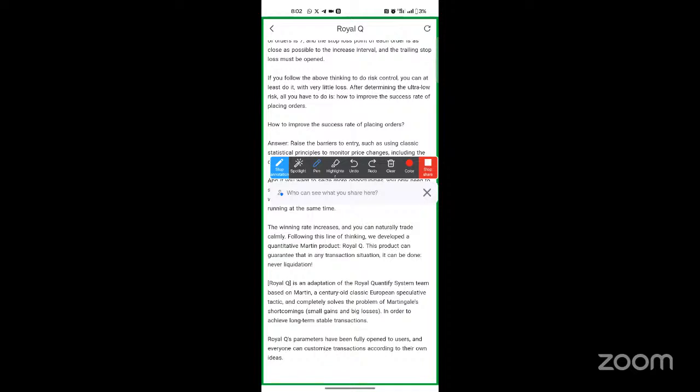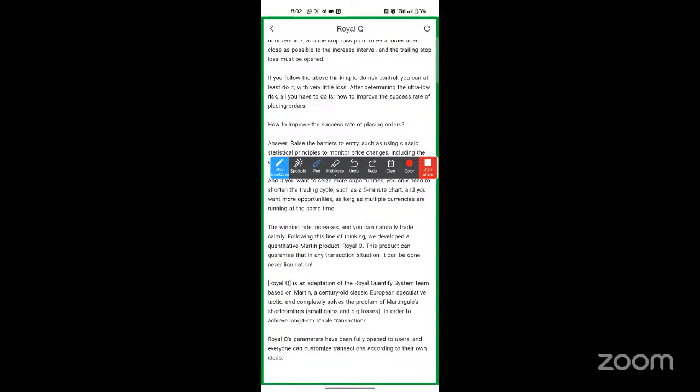Royalq is an adaptation of the Royal Quantify System team based on Martin, essentially old classic European speculative, and completely solves the problem of martingale shortcoming of small gains and big losses.